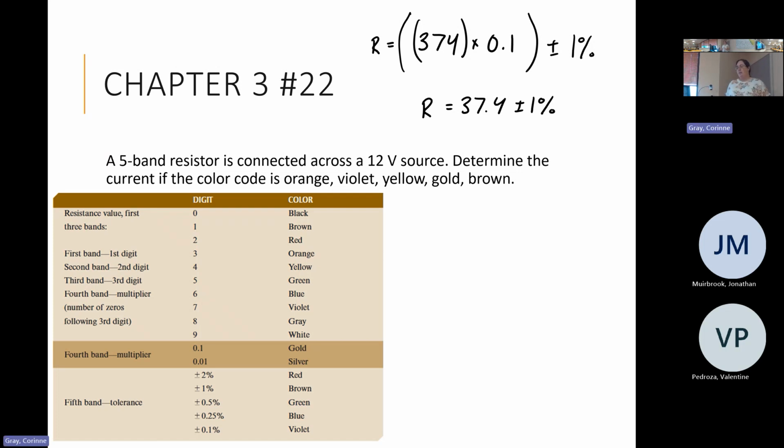I need to find the current. So what should I probably be doing to figure that out? And what should my voltage value be? I have 12 volts. What is the correct resistance value to use? I'm asking you guys, what do I use?